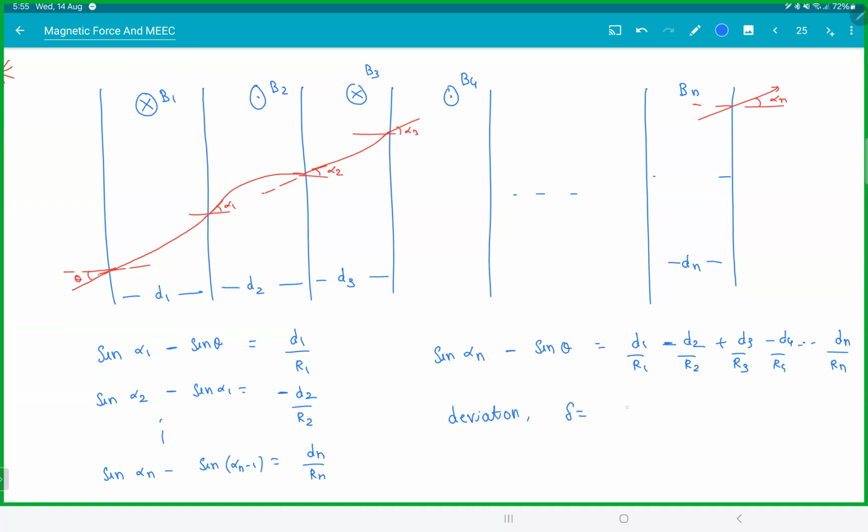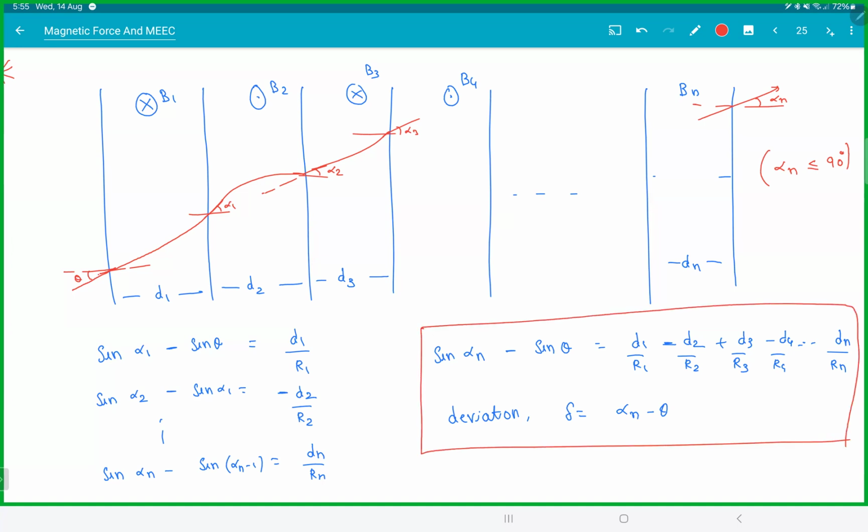Deviation delta would be the final angle alpha n minus theta. That's your deviation angle. Again, all this is valid when alpha n is less than or equal to 90 degrees. If alpha n has gone more than 90, it will turn back. This is a neat result.